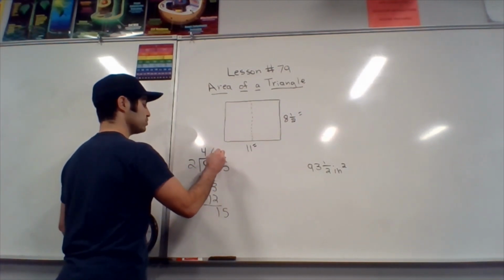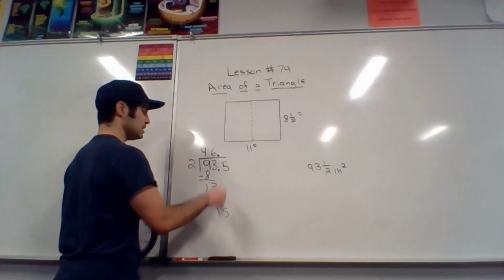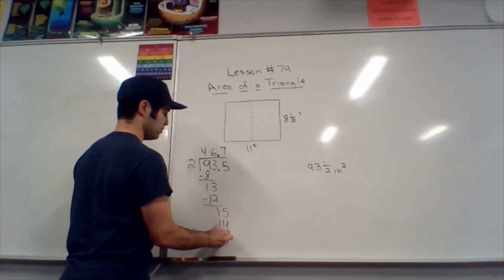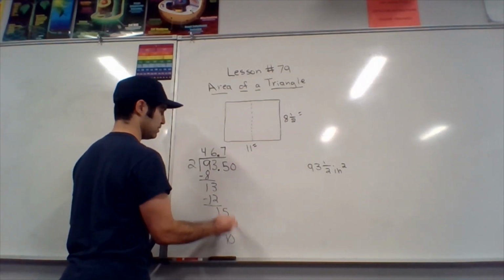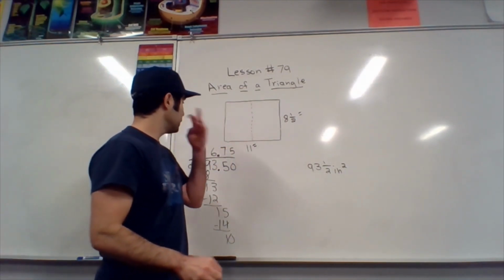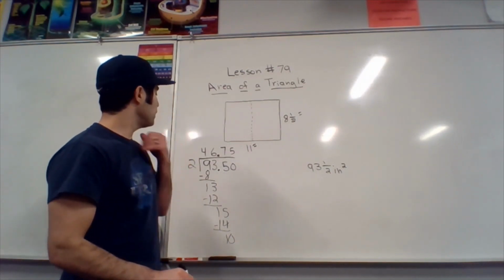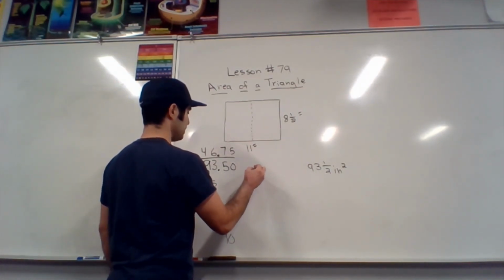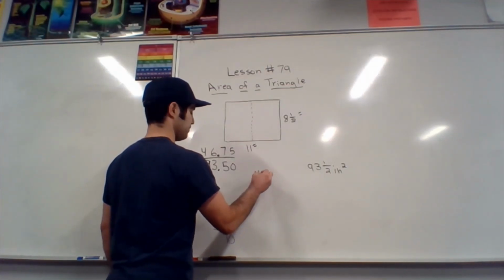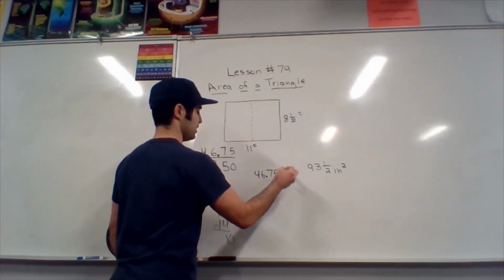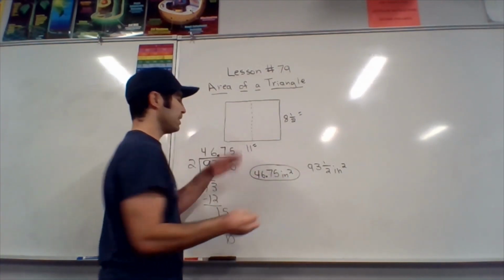Oh, you can bring your decimal straight up. 2 will go into 15 7 times, because 7 times 2 is 14. 1, add a 0, bring that down. There we go. So if I cut this in half, you would have 46.75 inches squared. That would be your area.